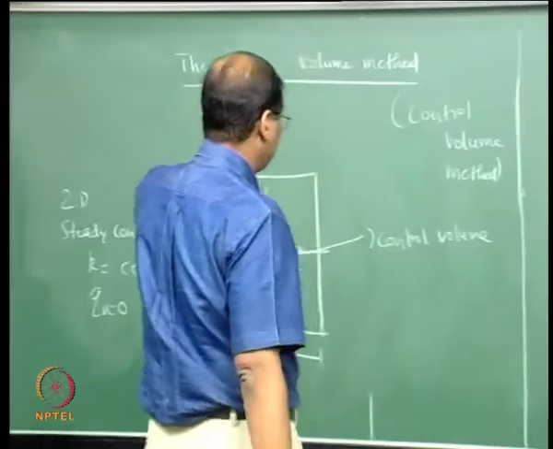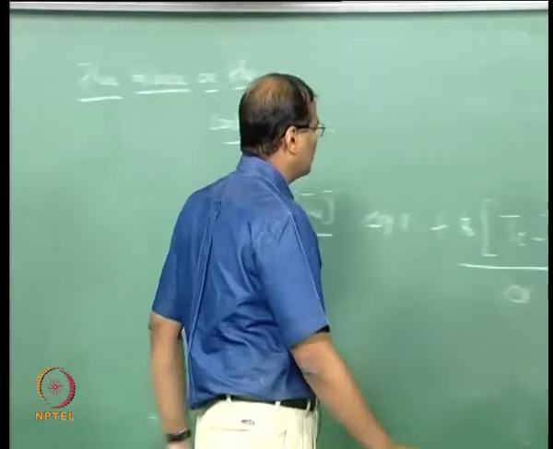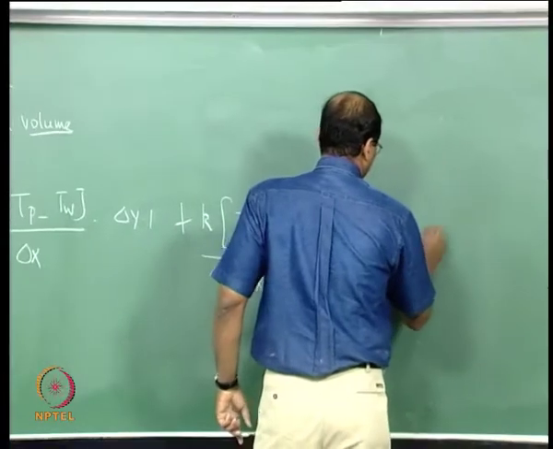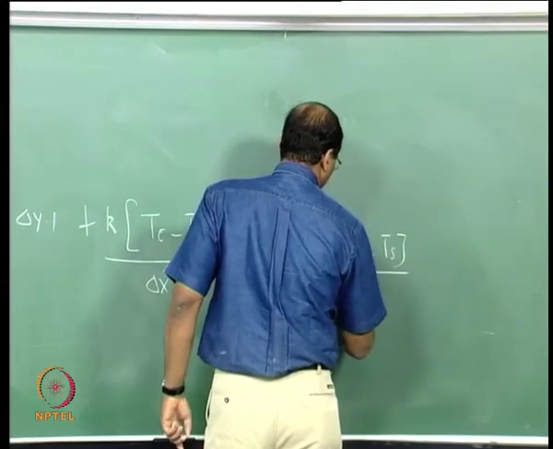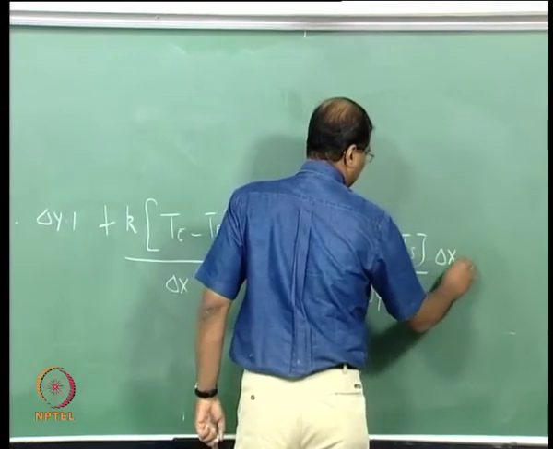So this is east and west accounted, now north and south. When it is entering from the south, minus k, Tp minus Ts by delta y into delta x into 1.